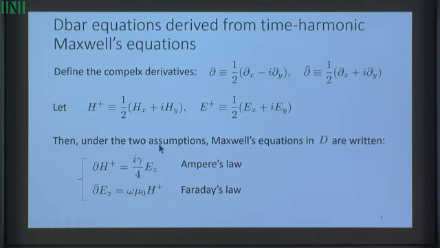Then under the two assumptions we made in the previous slides, the time harmonic Maxwell equations can be written in these two forms. First, this is Ampere's law, and this is Faraday's law. These two are first order PDEs for the magnetic field and electric field. And actually, Faraday's law can be formulated as a d-bar problem.